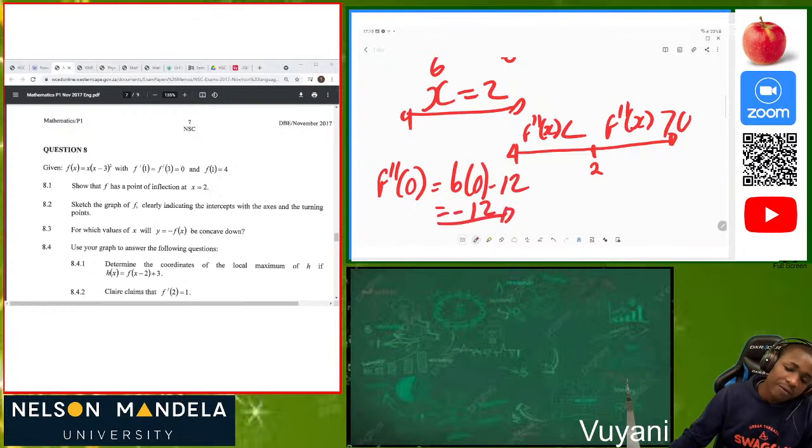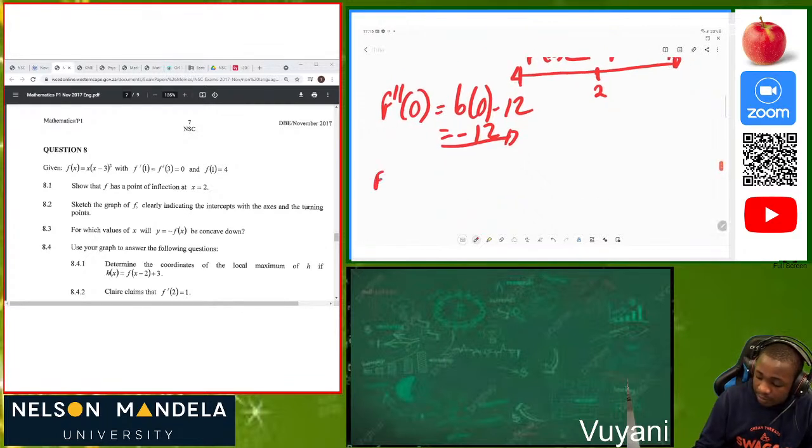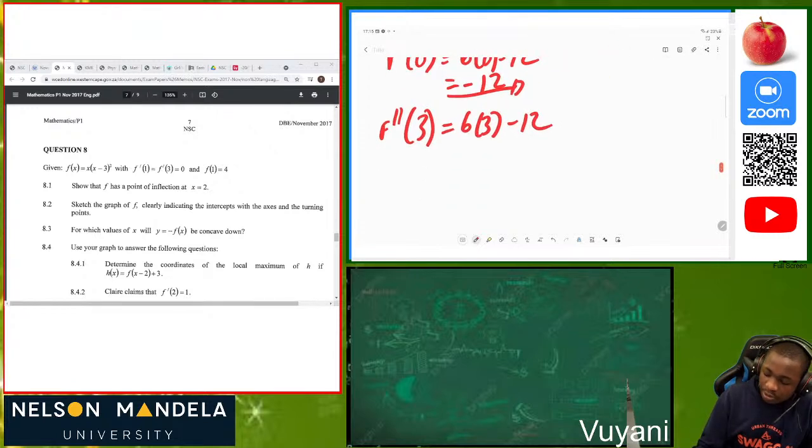So negative 12 is less than 0, and we can see that we are supporting the side. Now we have to use a number which is greater than 2. So let's substitute f double prime of 3. We have 6 times 3 minus 12, which is equivalent to 18 minus 12, it's 6.